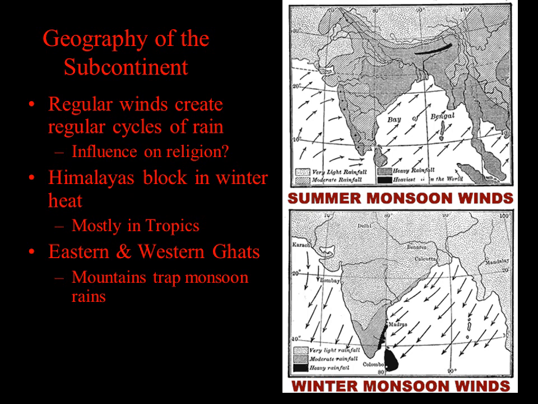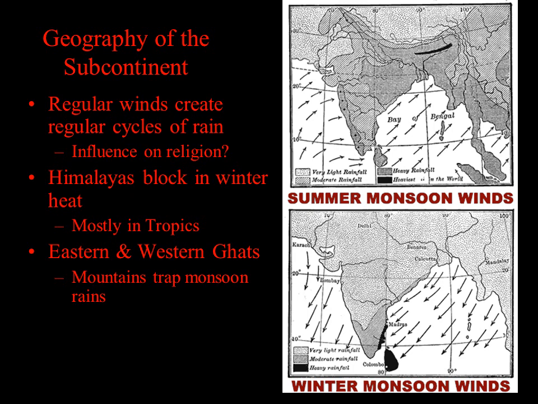And then you don't turn around, you don't unload your cargo and head back because the winds are against you. You hang out for 4 or 5 months until the winds shift, as they always do, and you can float back with your sails to India. So this is going to be a big part of the trading system that we see in what they call the Indian Ocean Basin.